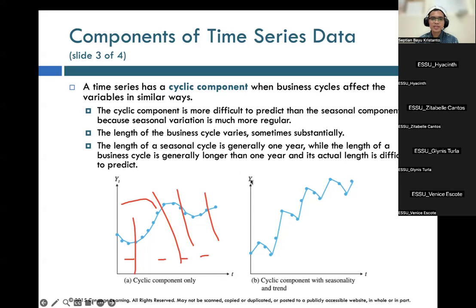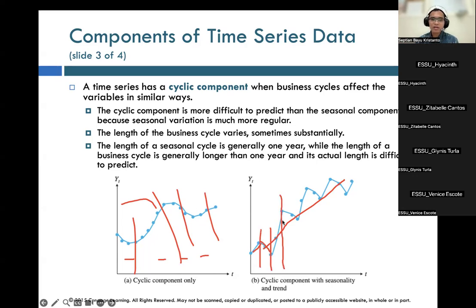This is the problem with cycles. We don't know how long the cycles are. It could be a short cycle or a long cycle. In this case, we also have a positive trend, and maybe it is closest to the seasonal pattern. We also have up and down, but here we have different times.